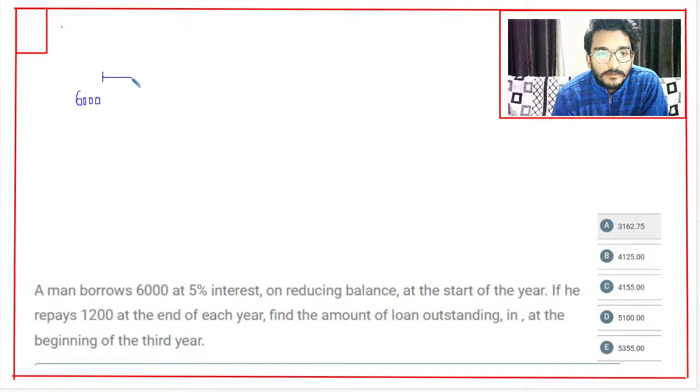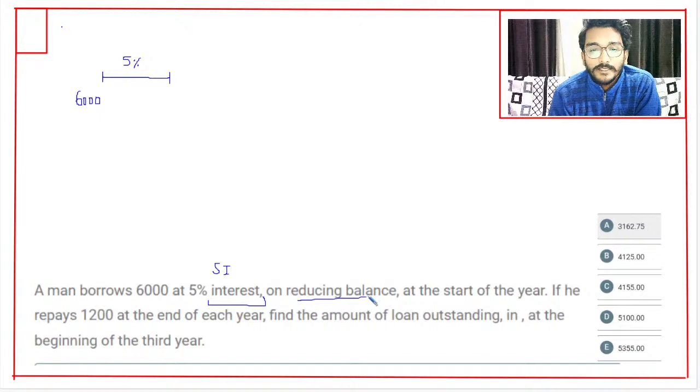This 5%, it is not given in the question whether it is simple interest or compound interest. So we always assume that it is always simple interest. So 5% is applied over 6,000, and then on the reducing balance at the start of the year. So whatever is reduced on that particular amount, you have to apply that 5%.